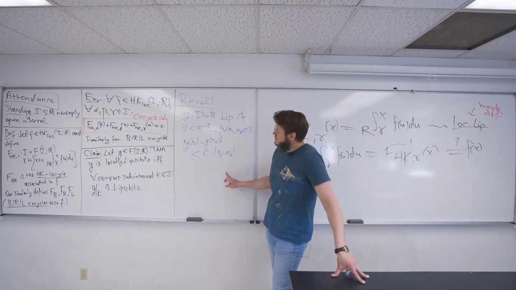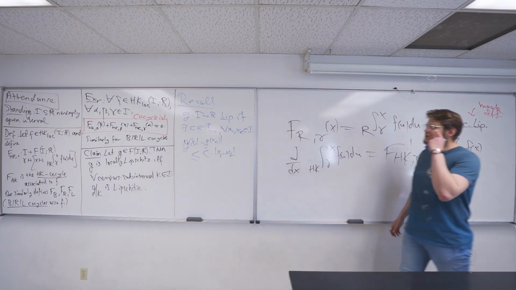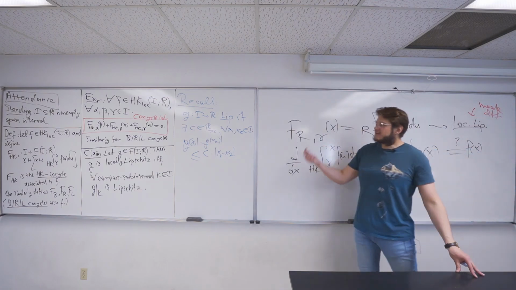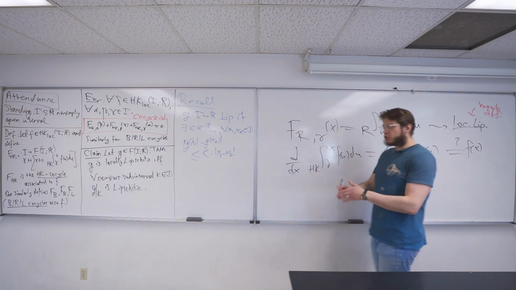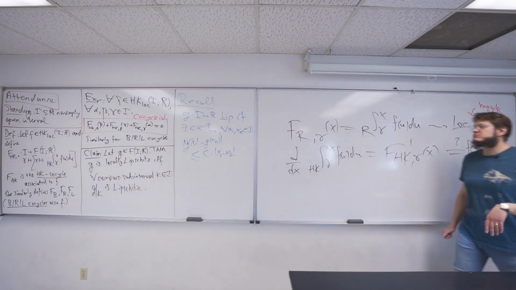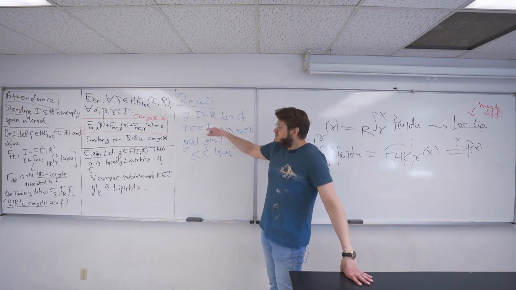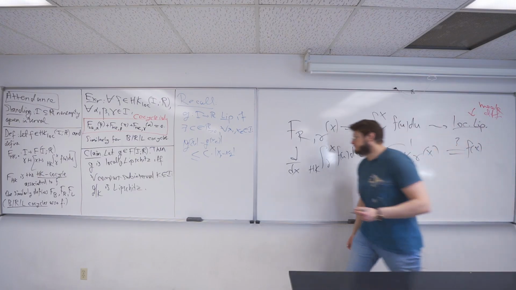And then what is local Lipschitz? Well, local Lipschitz is when you have a function that is not Lipschitz at large necessarily, but at any given point, there is a neighborhood of that point. There's an open interval centered at that point, or rather maybe I should say closed interval, not that it matters that much, such that when you restrict your function to that subinterval, then it is Lipschitz.